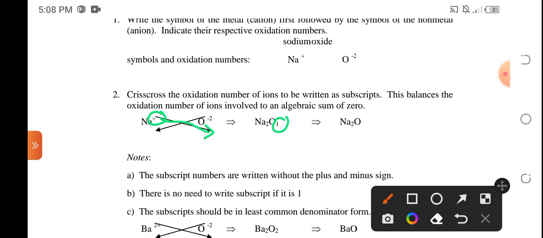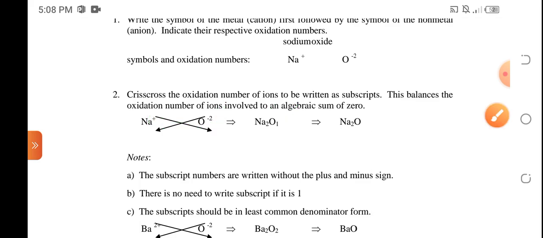As you could see, hindi na natin isasama yung positive and negative sign. Okay? Yung numerical value lang na 1, 2, 3, 4. Okay? Iiwan na natin yung symbol na positive and negative. Okay? So ulitin natin, after crisscross, wala na tayong isusulat na charge dyan kasi nga ibinaba na natin sila as subscript. Okay? And that 2 charge of oxygen will now become the subscript of sodium. So nagpalitan lang sila. Okay?